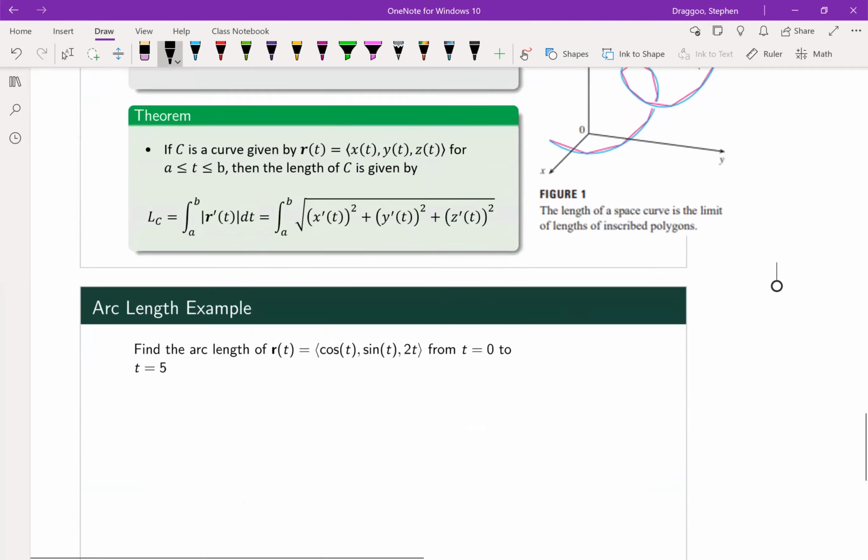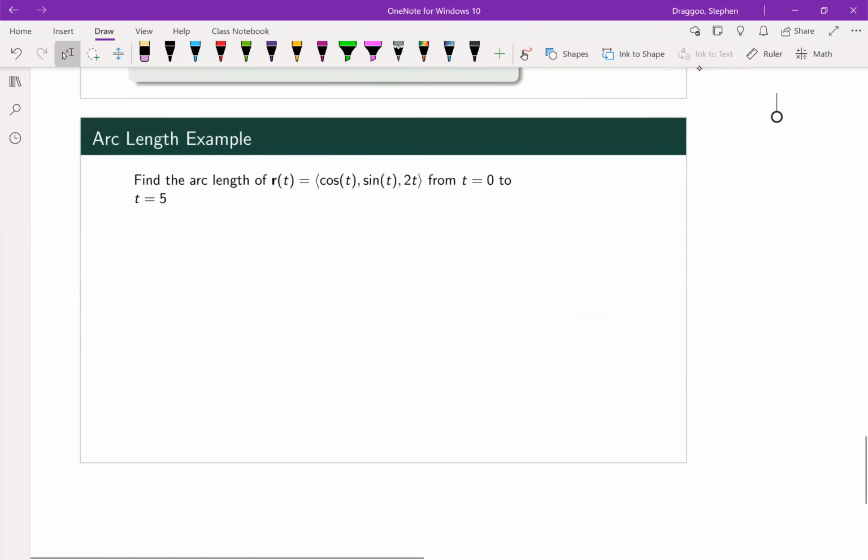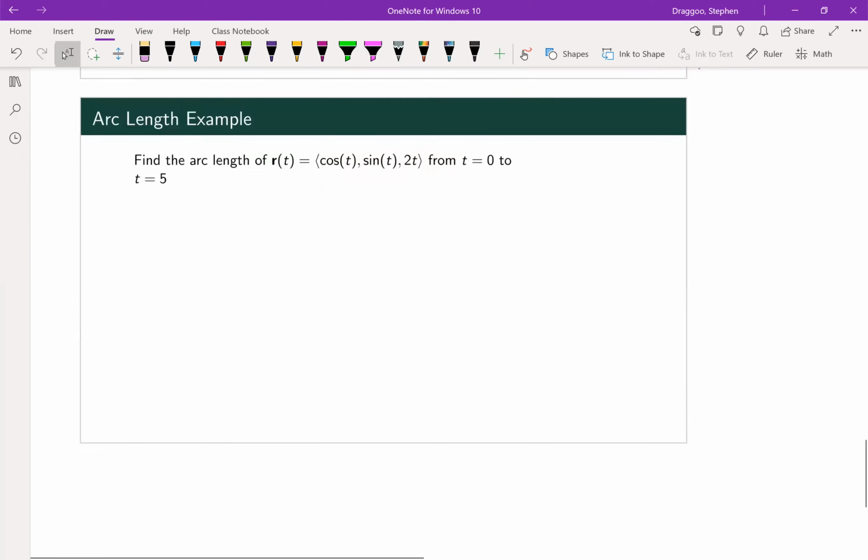So if we then bring that into an example, we're going to look to find the arc length of a vector function, r of t, which is cosine t, sine t, and 2t, and we'll integrate from 0 to 5. So step 1 is probably going to be to get r prime of t, since we'll need the magnitude of it, or at least we'll need x prime, y prime, and z prime.